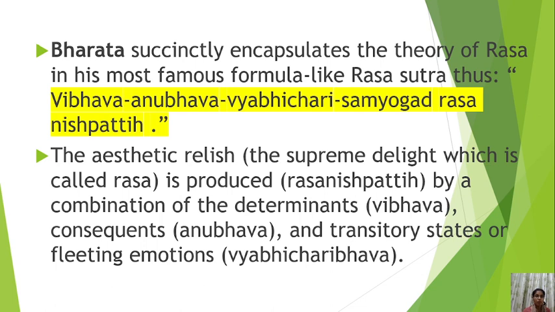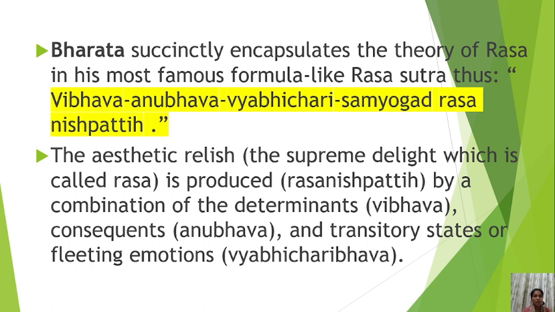So Bharata, who wrote the Ras theory, Bharat Muni, Natya Shastra. Bharata succinctly encapsulates the theory of rasa in his most famous formula like Rasa Sutra. Thus, Vibhav, Anubhav, Vyabhyachari, Samyogad Rasa, Nishpatih. Remember these 4 to 5 things: Vibhav, Anubhav, Vyabhyachari, Samyogad Rasa, Nishpatih.